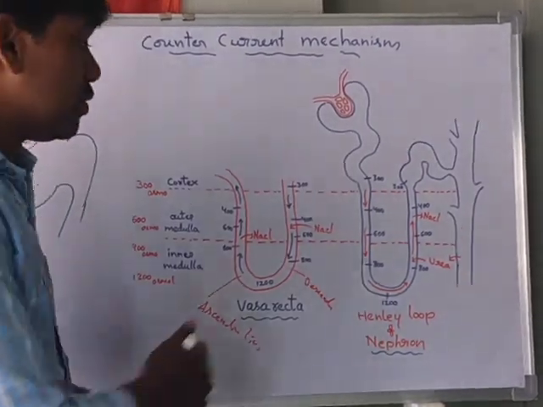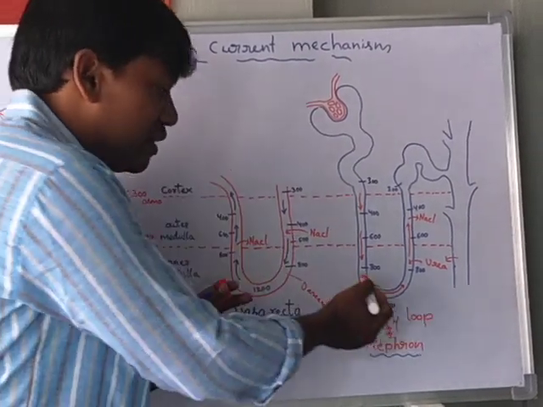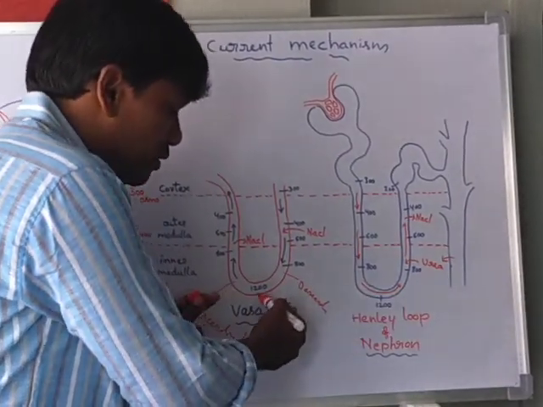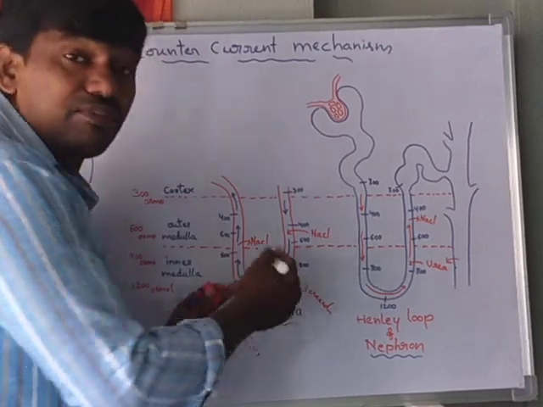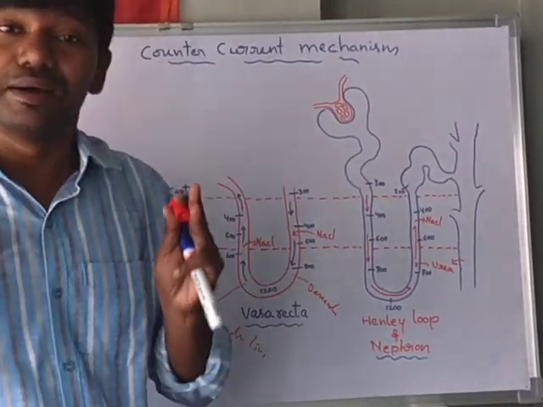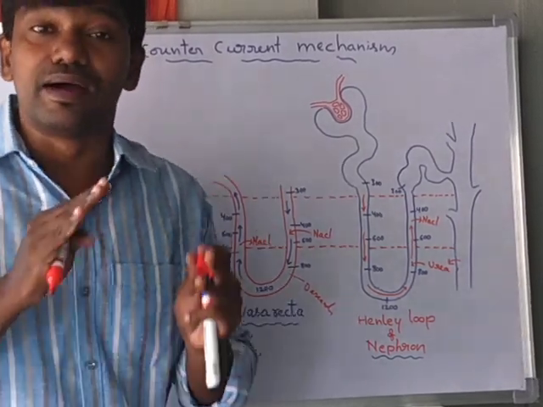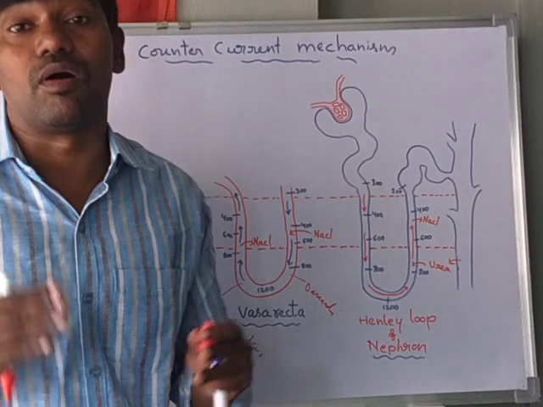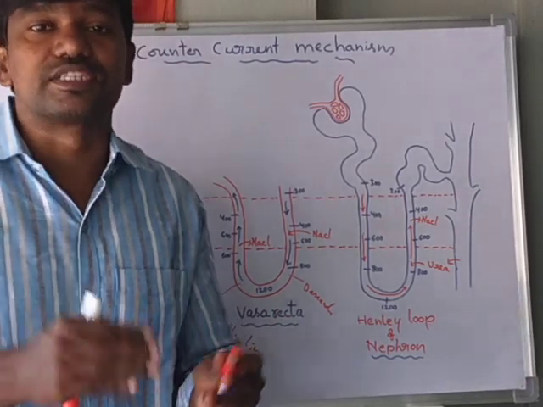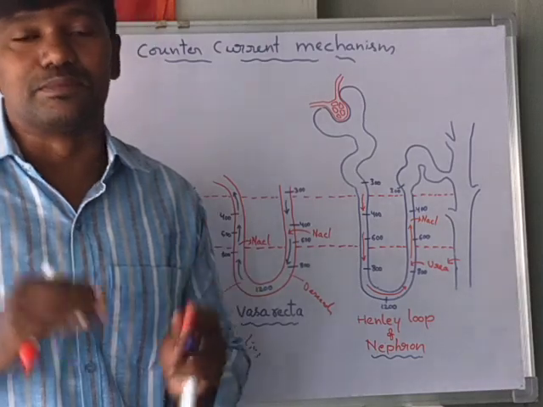Here we see renal fluid, and here we see the flowing of blood. Both move in a counter current pattern. This counter current pattern generally maintains and increases the osmolarity towards the inner medullary interstitium.